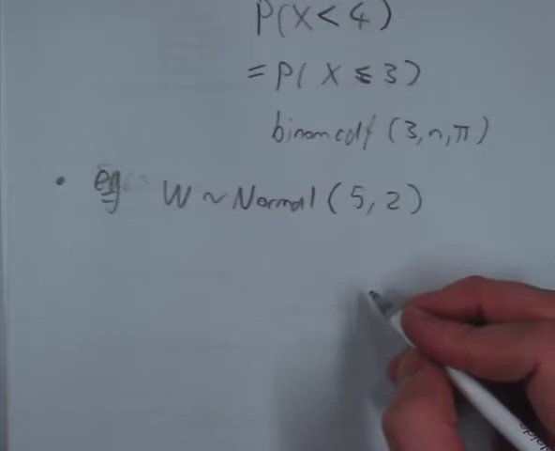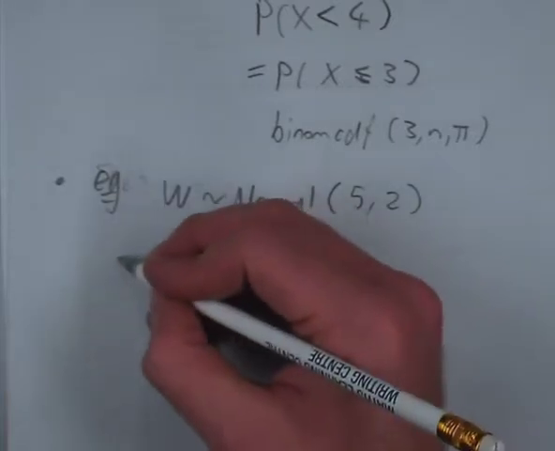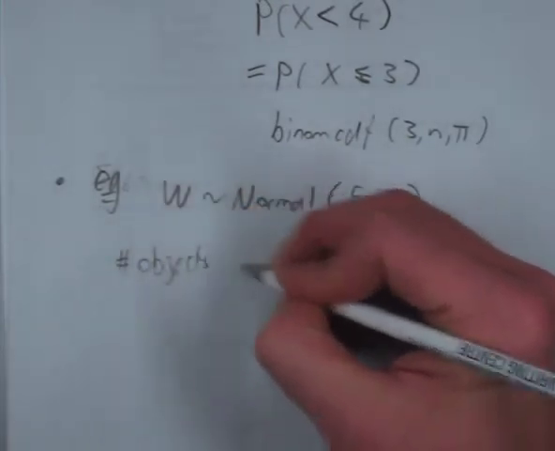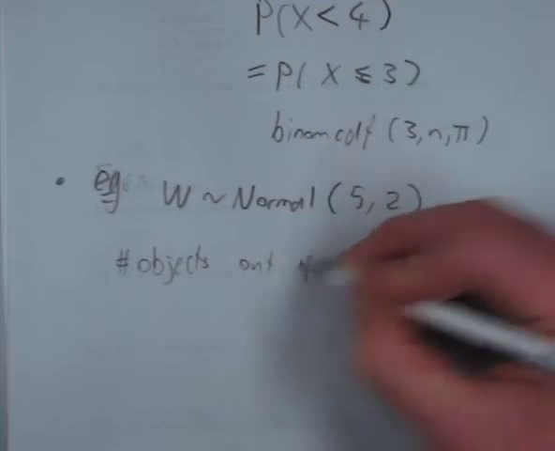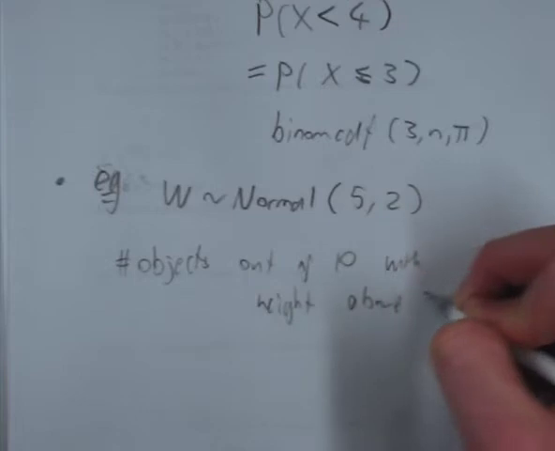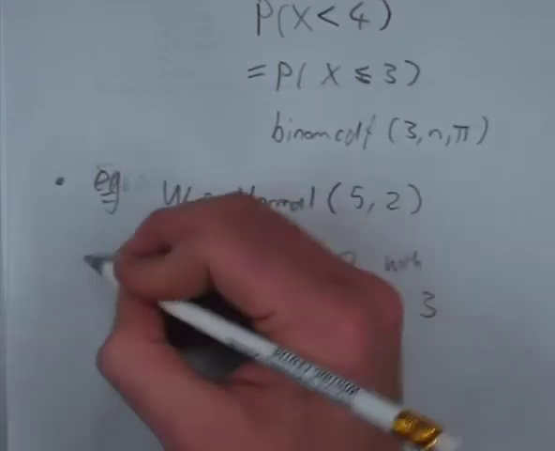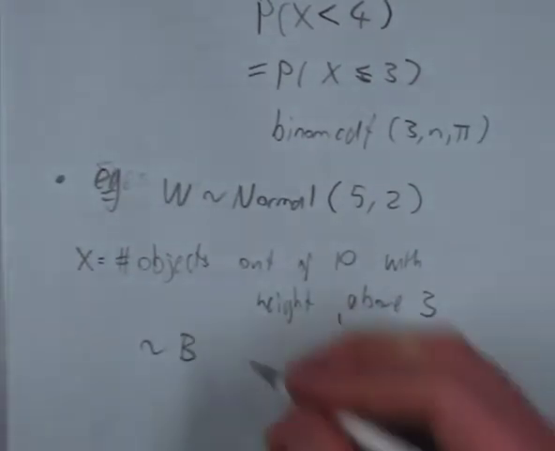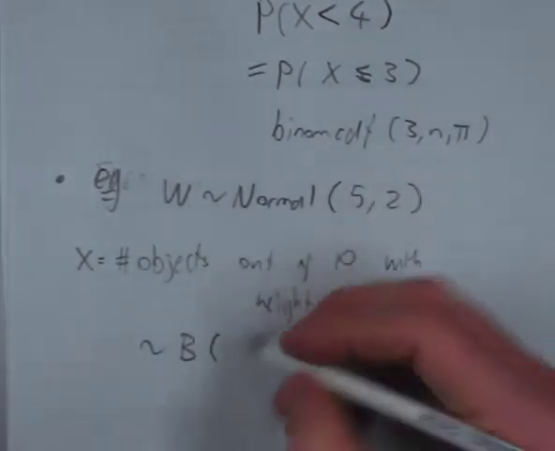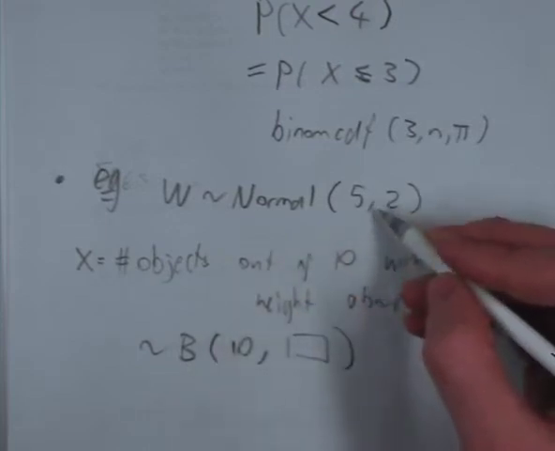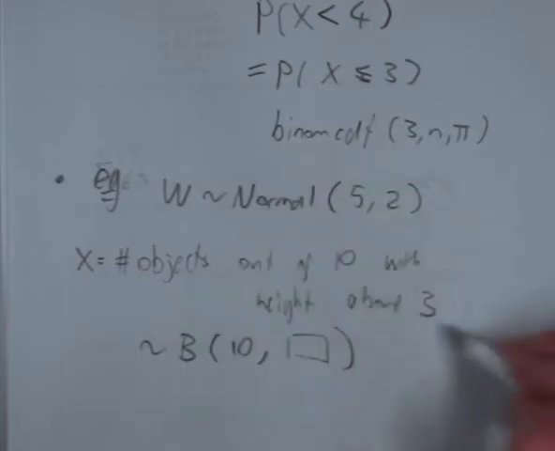And then it might say, number of objects out of 10 with weight above 3, something like that. And that would be binomially distributed. Okay? It would be out of 10, and we would have to find what probability goes here from the normal distribution. So that information and that information together would tell you what's in this spot.